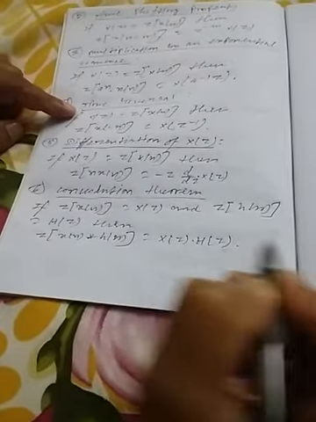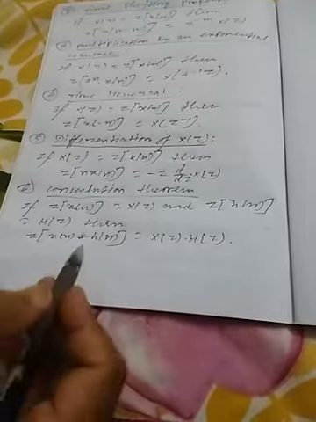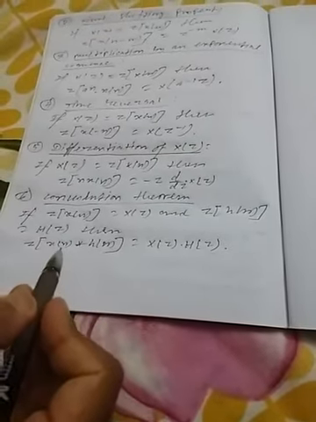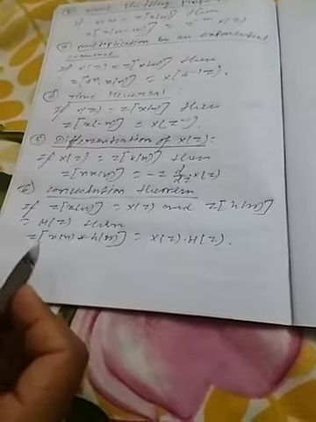So this is the convolution property. Just remember this property, it is very important. This asterisk is called the convolution operator, or linear convolution of the sequences.